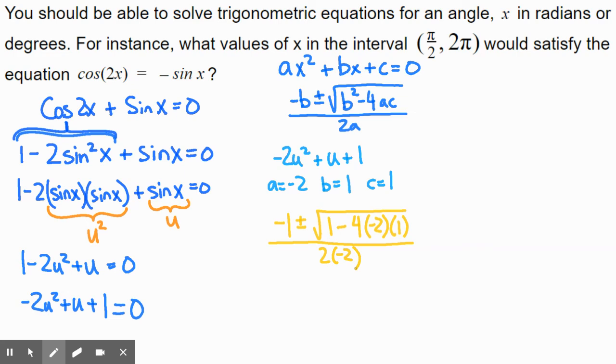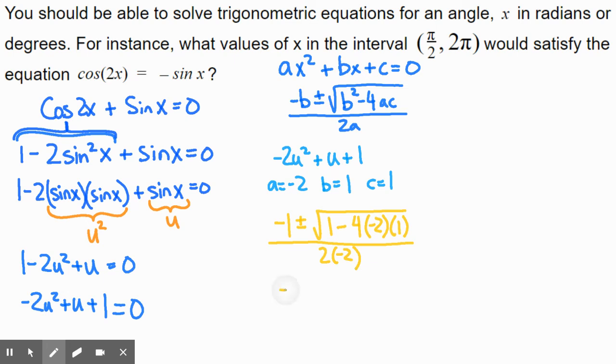Almost there. So you crank out the math, and 4 times negative 2 is negative 8. That's 1 minus negative 8, so it's 1 plus 8, so that's 9 underneath the radical, and the square root of 9 is 3.